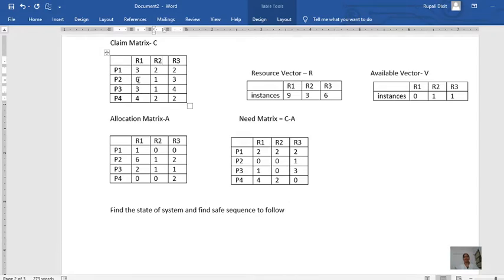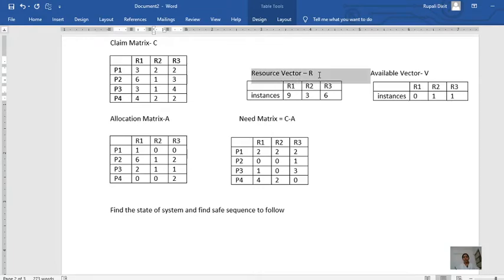Similarly, P2 needs 6, 1 and 3 of R1, R2, R3 to complete its execution. P3 needs 3, 1, 4 and P4 needs 4, 2, 2.